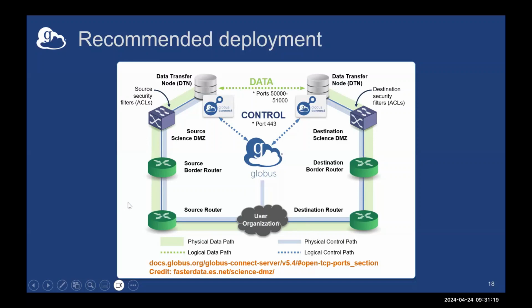Take a look at the ESnet, Energy Sciences Network folks' page that's linked below. Again, what we want is for data to flow from point A to point B as frictionlessly as possible, and the control channel goes to Globus services.